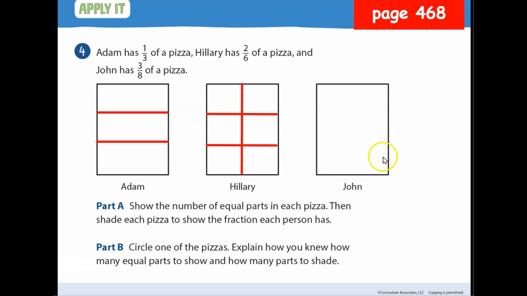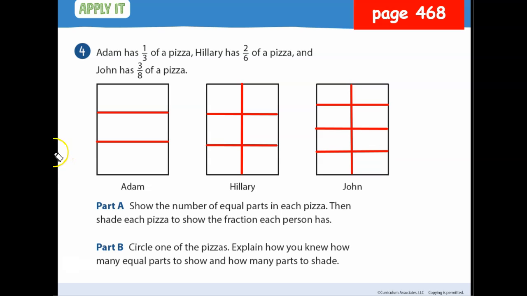And John, how many sections does he have? Eight. Then it says, Adam has 1/3.